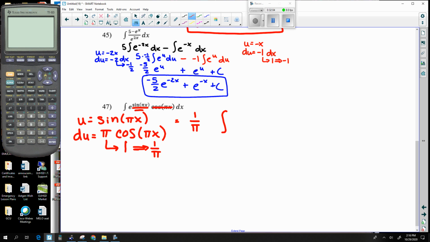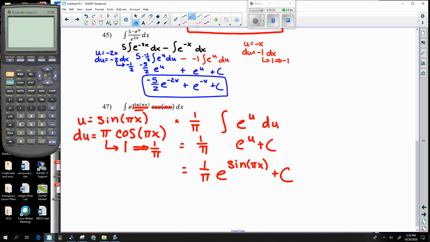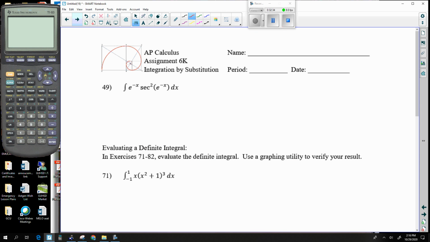All it costs you. Again, when they have trig, usually the inside thing is the u.